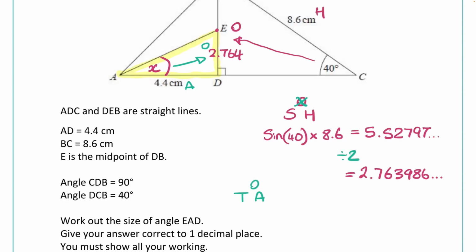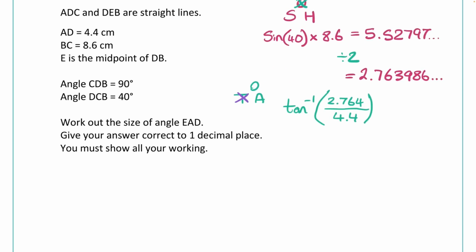We are working out an angle, so I would cover up the T, and when I'm working out an angle, I need to press Shift tan first, so I get tan minus 1, and then it's the O divided by the A, so 2.764 divided by the adjacent, which is 4.4, and there we go, typing that into the calculator, that gives me an angle which comes out as 32.136, and a few more decimals, but I'm going to stop there because again it does want my answer to 1 decimal place.